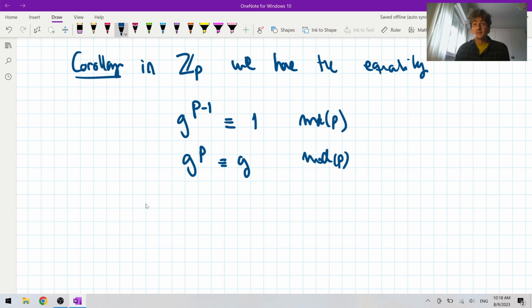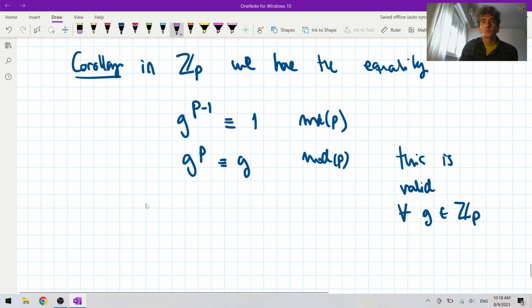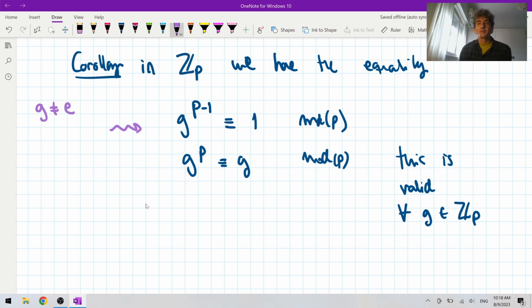And this is valid for all g in Z_p, whereas the previous one, g, needs to be different from the identity. It needs not to be 1.